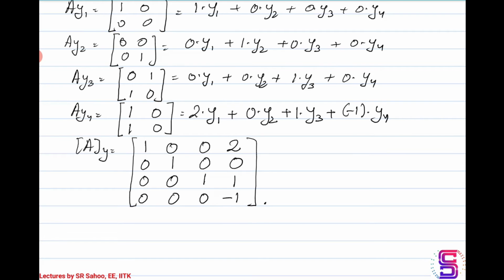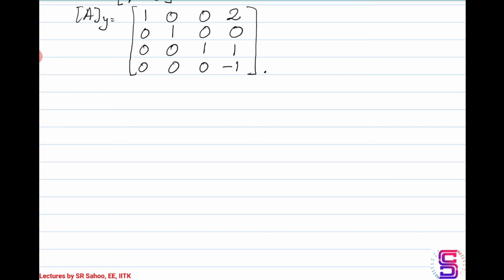Okay, so now once we know what the matrix representation of A is with respect to a basis x, let's see how we can use this. So if you remember at the start of the discussion, we said that y is a vector that we obtained by A acting on the vector x, where y can be represented as a linear combination of the basis vectors xi belonging to the basis.